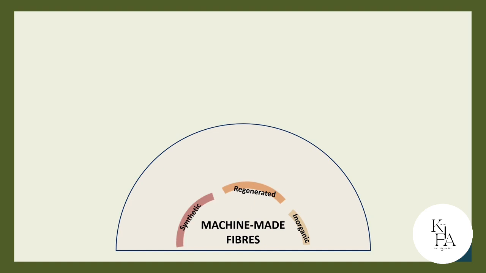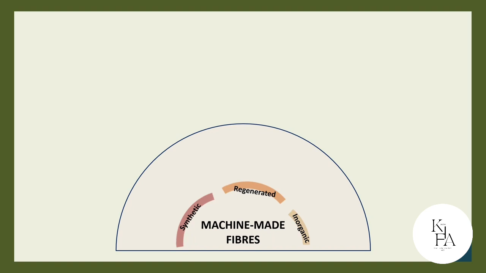Nylon was the first synthetic fiber available to the public, around the 1930s. These synthetic fibers are created by a process of polymerization, which, as you all know, is combining monomers to form long chain polymers.